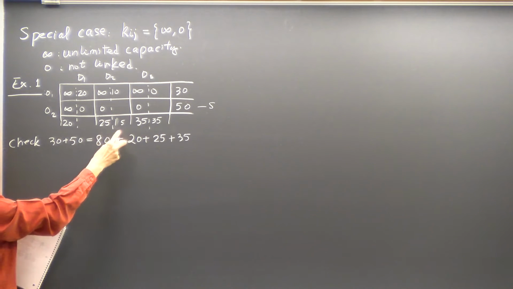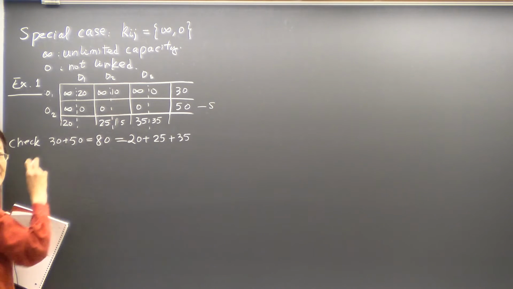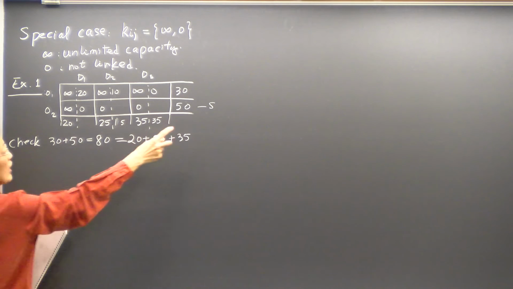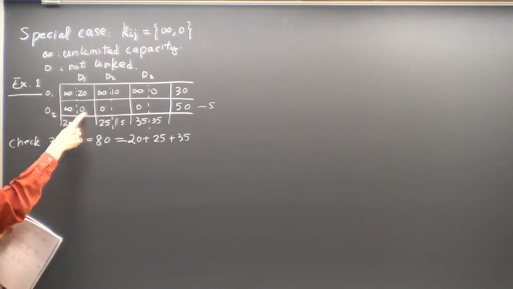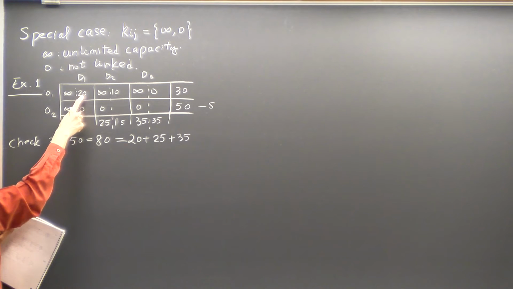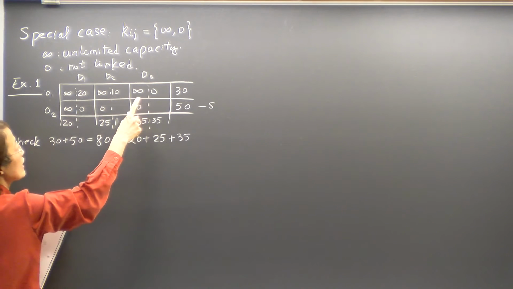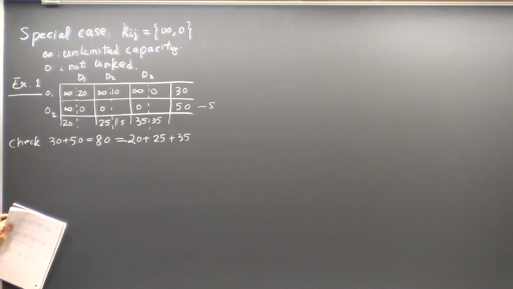Will it be possible for me to ship 15 units more here? If I want to do that, and I see that I have all these surpluses which can only go out from column 1. Is that right? If I increase this by 15, can I decrease this by 15? Yes, it's 20, right? And then I can increase this by 15. I can get rid of that unmet demand.